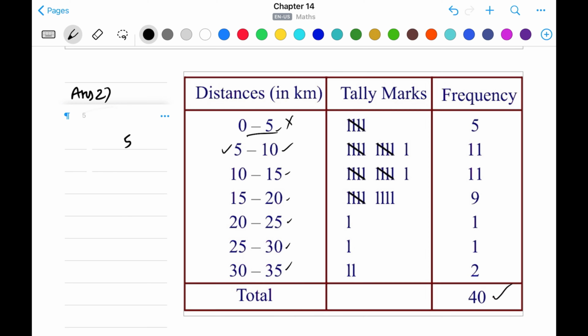We are asked what is the main feature observed. Most of the engineers live in these 4 categories, that means between 0 to 20 kilometer.